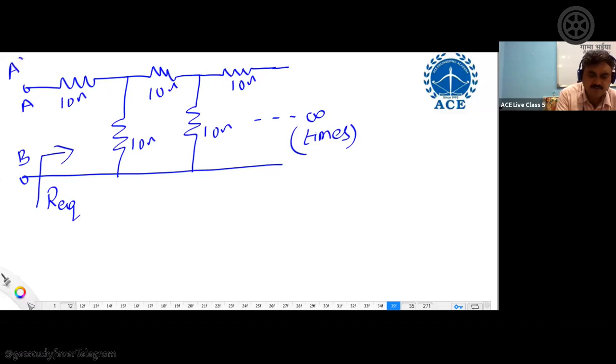So let us assume this is a part in that particular question. What will be this value? How much can you tell? What will be the answer for this case?